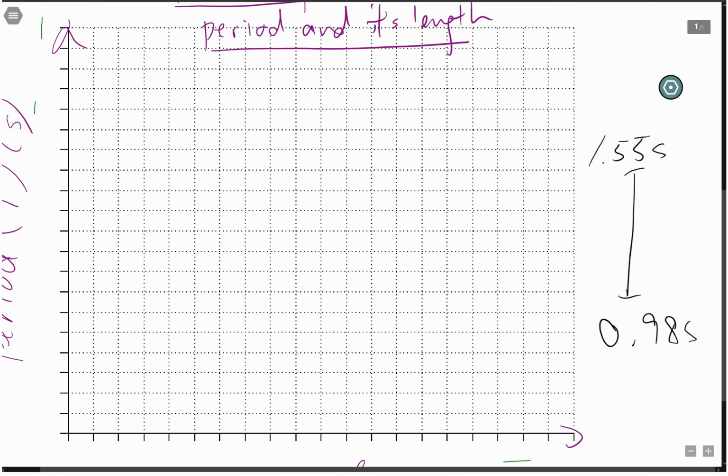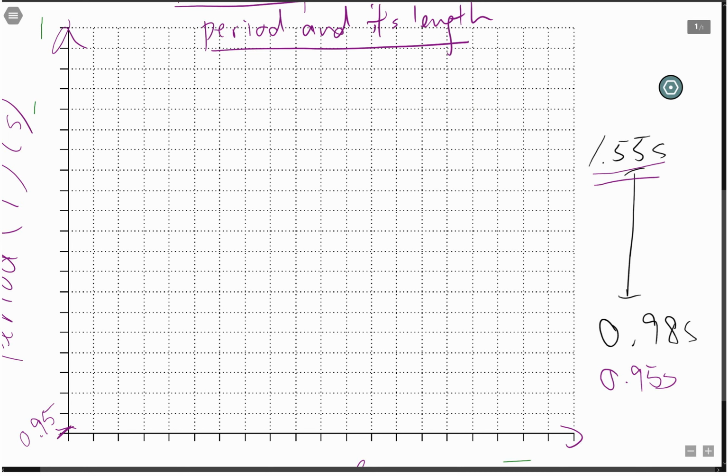Of course, if you do that, you need to make sure that your scale is labeled properly. In our case, with 0.98 seconds, I might make the bottom of my graph 0.95 seconds, and then go all the way to 1.55 seconds.